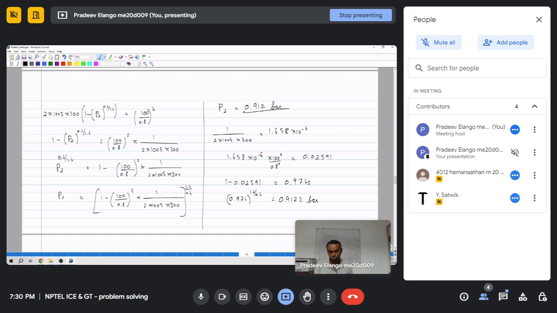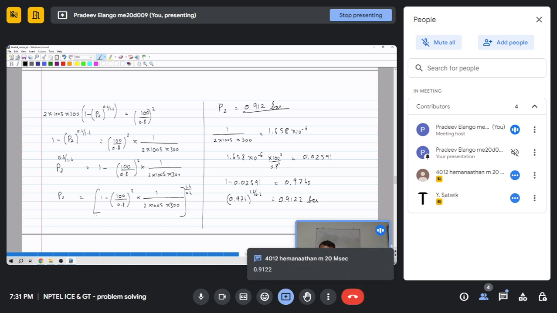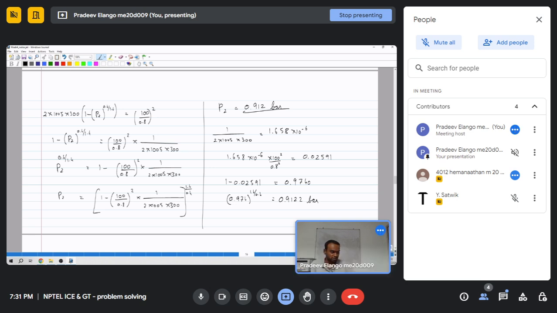Are you using a scientific calculator like this, or are you using mobile? It's a scientific calculator, sir. Then you should be able to do it in one stretch, no? You should know where to put the braces correctly. While you type in the calculator, put the integer 1.4 divided by 0.4.